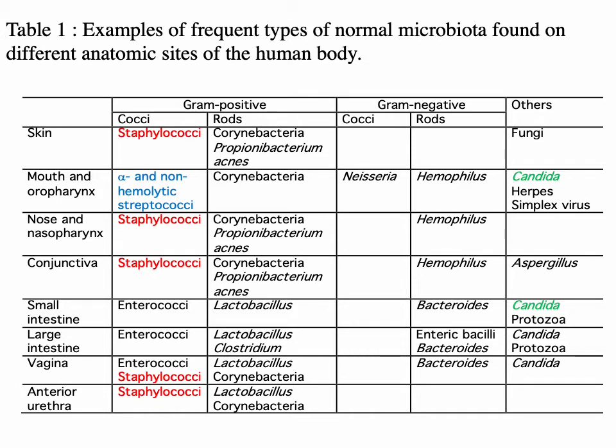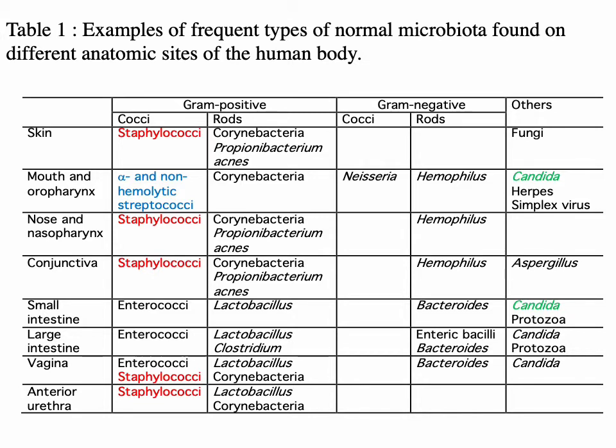In fact, it's responsible for a lot of diarrhea, especially when a kid is under broad spectrum antibiotic treatment. The antibiotic kills off all the bacteria in the gut, and then Candida, being a eukaryotic cell, is not susceptible to antibiotics, and it continues to live and overgrow and then causes diarrhea.